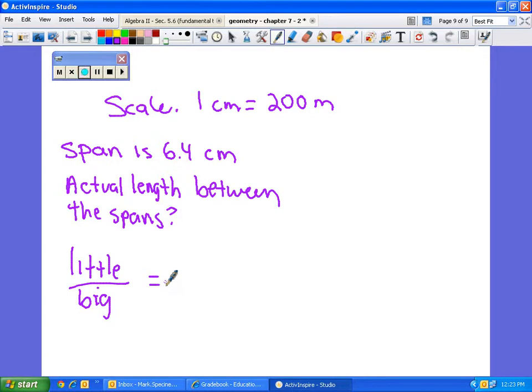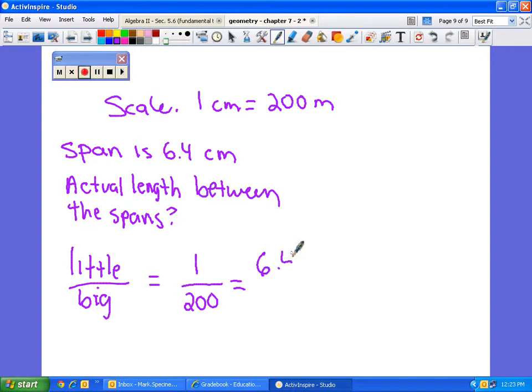That's right. So we know that 1 centimeter is equal to 200 meters. Okay? What else do we know? We know on the drawing the span is 6.4.